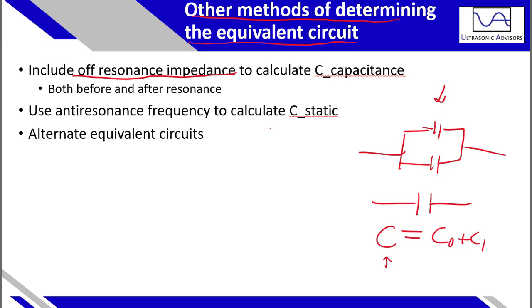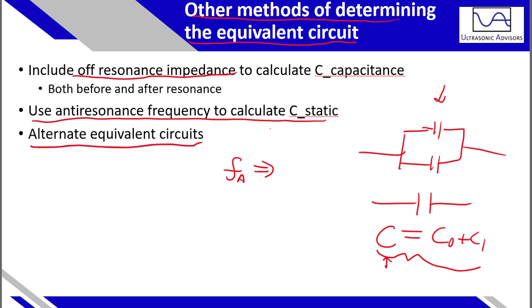You can measure your capacitance at off-resonance and use this equation as one of the equations you solve. You can also use the anti-resonant frequency to calculate the static capacitance, and it can be used in certain ratios to also be included in determining your capacitance values.